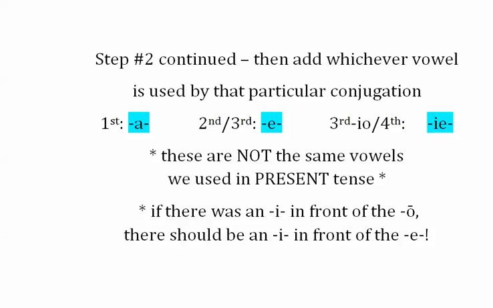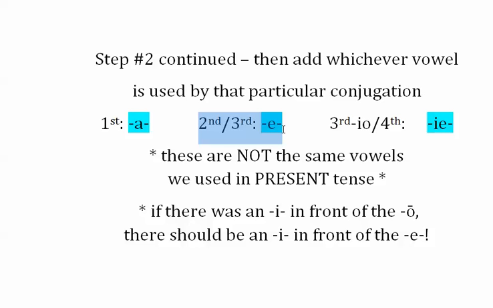The second part of step 2 is to, once you figure out the conjugation, determine which vowel that conjugation uses in the imperfect tense. And it's important to remember that these are not the same vowels we used in the present tense, and you'll see that in a second. Second and third conjugation both use the vowel E. If you remember present tense, we used the vowel E for second, but the E changed to an I, and in the third person plural, a U for third conjugation.